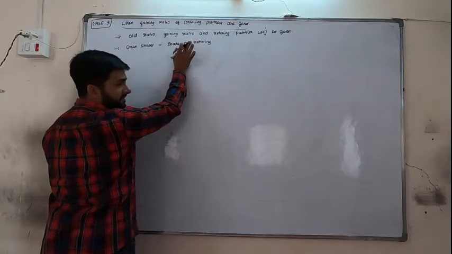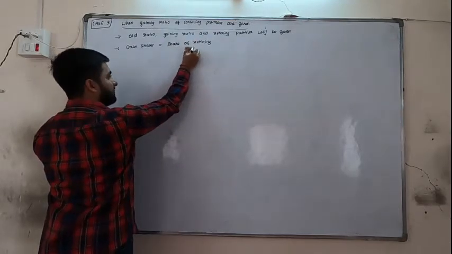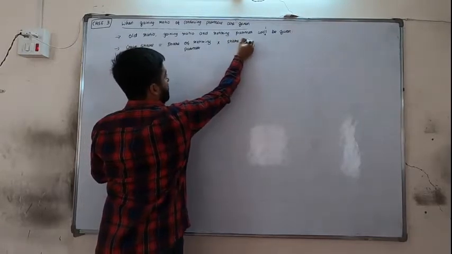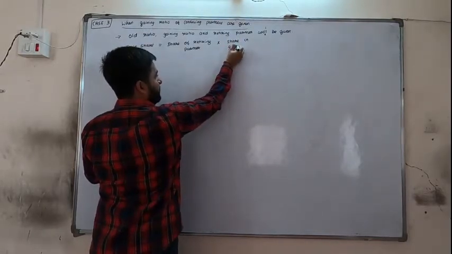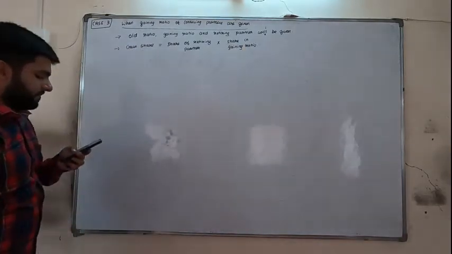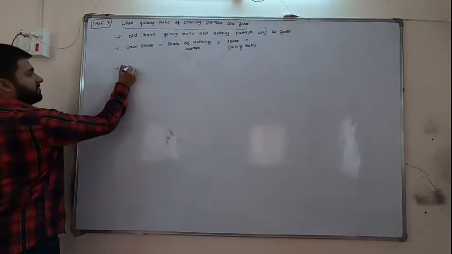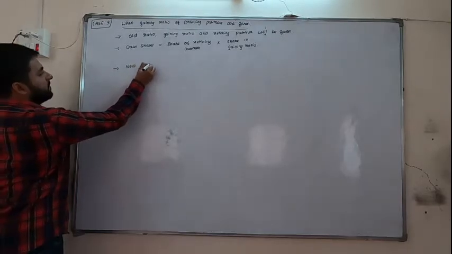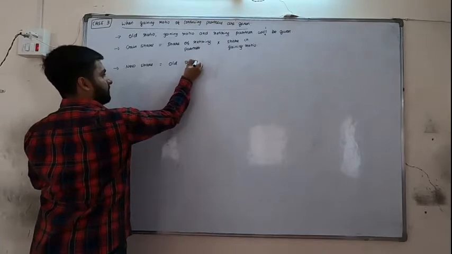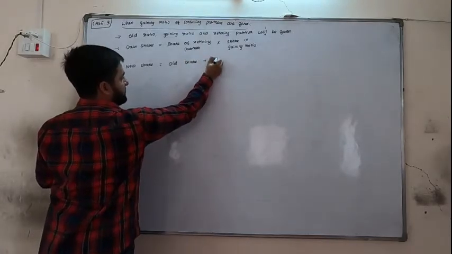Here one partner is retiring, so share of retiring partner into share in gaining ratio. After that, as now we have found the gain shares, new share is equal to old share plus gain.